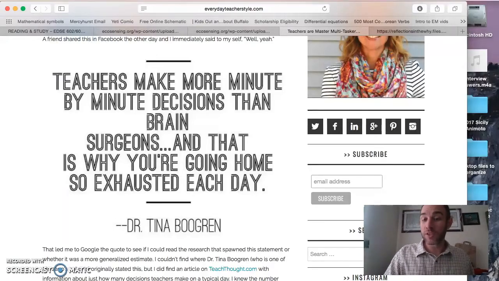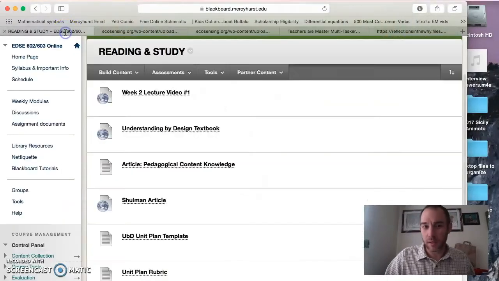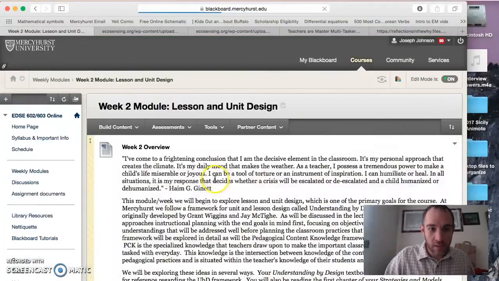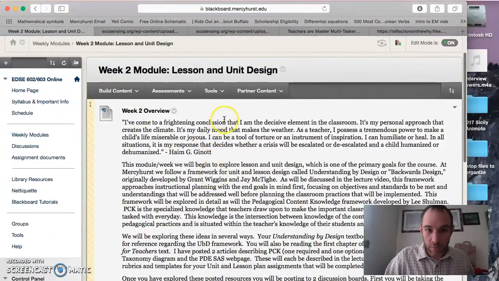The important decisions you make have an impact not just on you, not just on your day and your class, but those students and their lives outside of the class. You have an amazing power, as the quote that I posted in our week 2 overview says. So looking at week 2, you can see there's a quote here at the beginning. There's an amazing power that teachers hold.